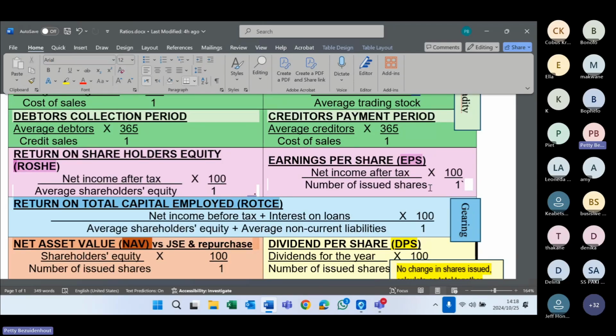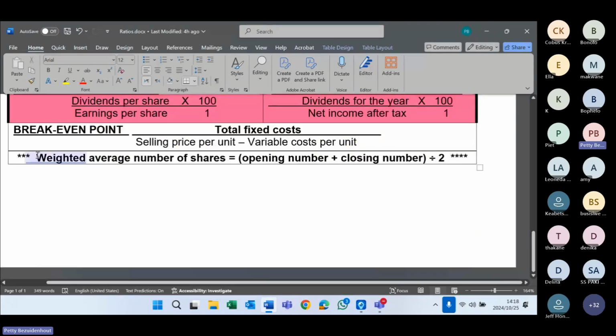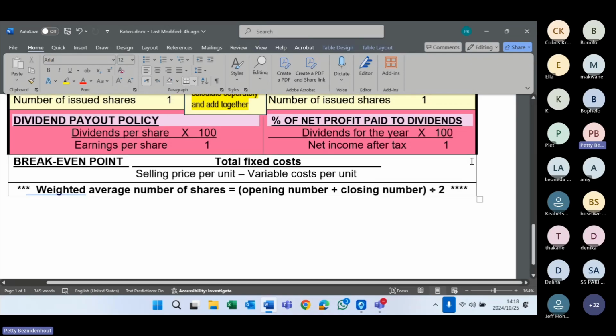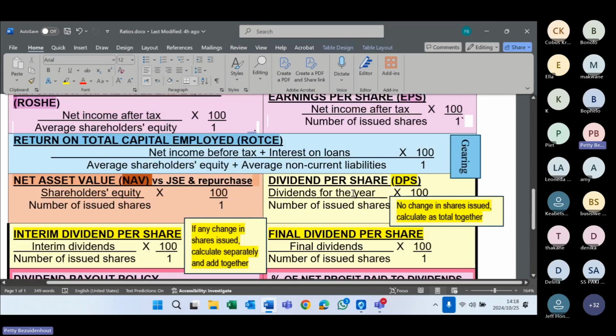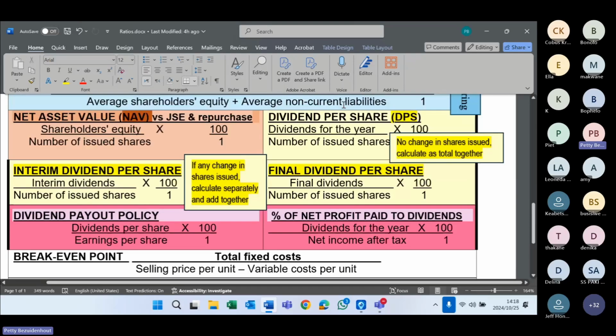So we have to do the weighted average. So say, for instance, we had 2 million shares at the beginning of the year, and at the end of the year there is now only 1.8. So we'll have 2 million plus 1.8 times half to get the average. That's what the formula sheet says. And this is also always included on your formula sheet.